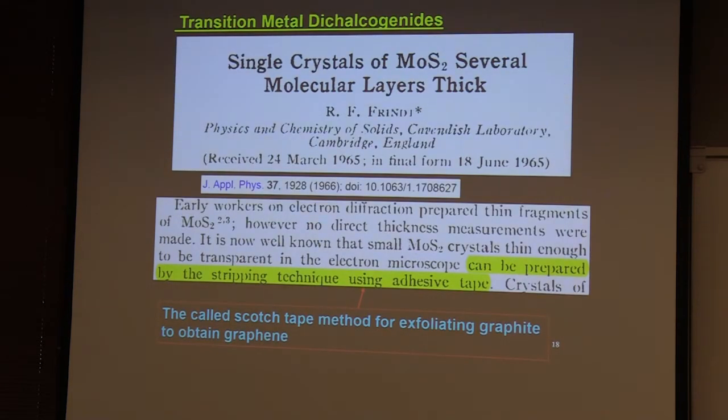And also, we are not the first to think of monolayers and very thin structures. This is a paper, 1965, by Friend, in which he is working with electron diffraction, and he mentions that the crystals need to be almost transparent to electrons, I mean, in the electron microscope, and these can be prepared by a stripping technique using adhesive tape.